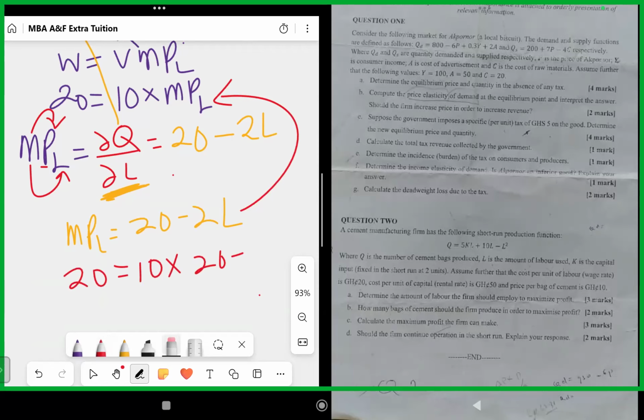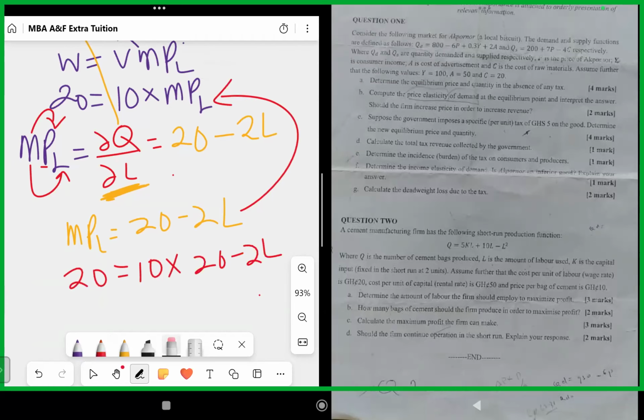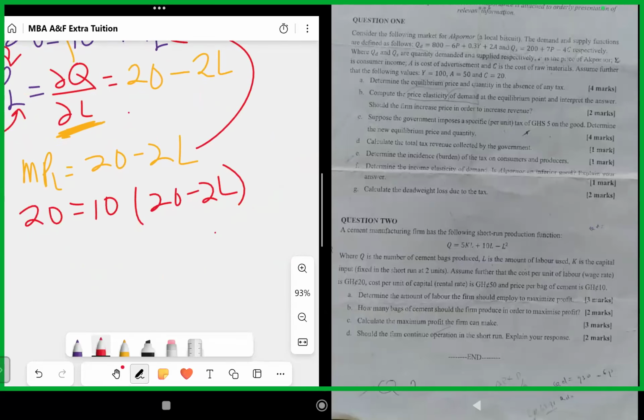So if you write it this way, in brackets, good. You put it in a bracket because the 10 might multiply only the 20. So we put everything in brackets. Then we expand the bracket. We're going to have 20 equals 200 minus 20L.